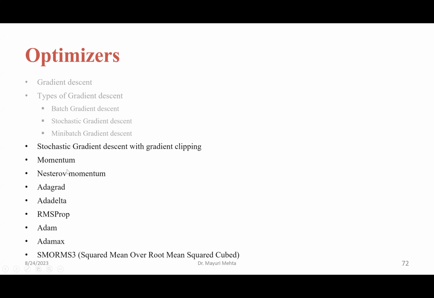Now there are also others: stochastic gradient descent with gradient clipping, momentum, Nesterov momentum, Adagrad, Adadelta, RMSprop, Adam, then Adamax, and root mean squared. These are other optimizers available in the literature.